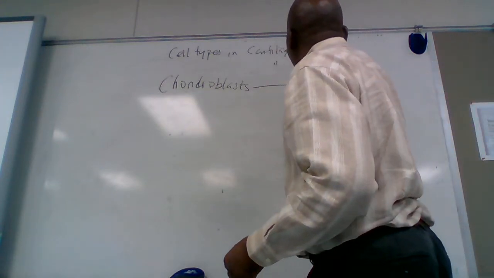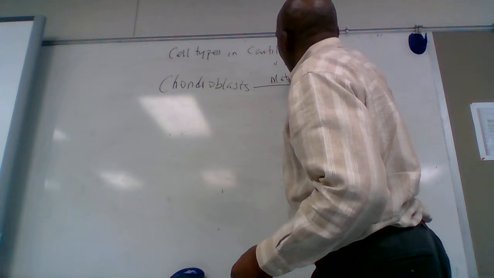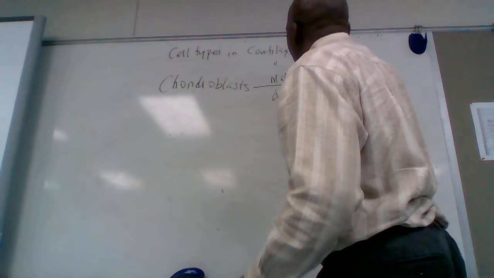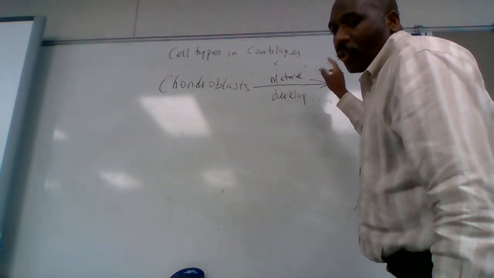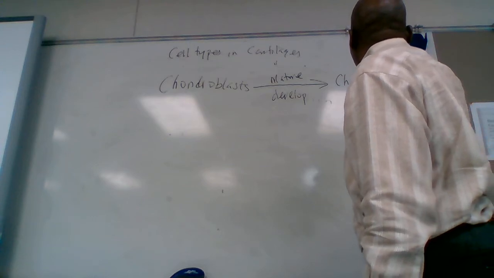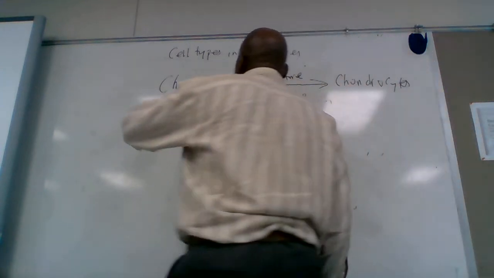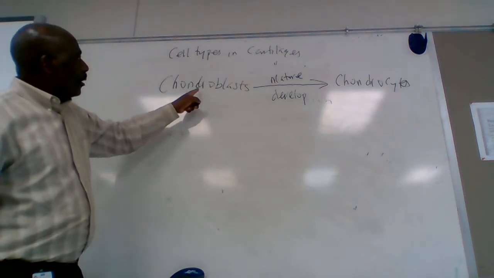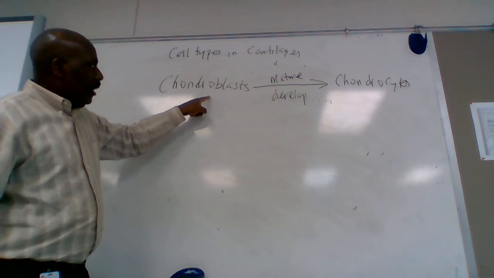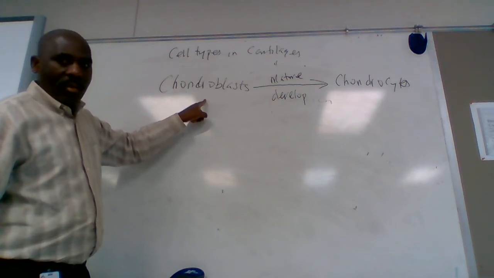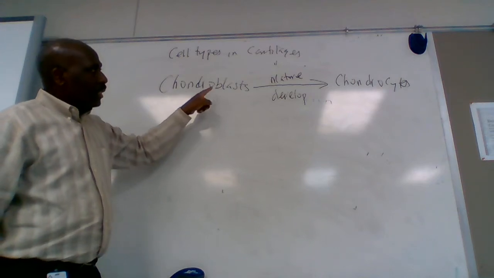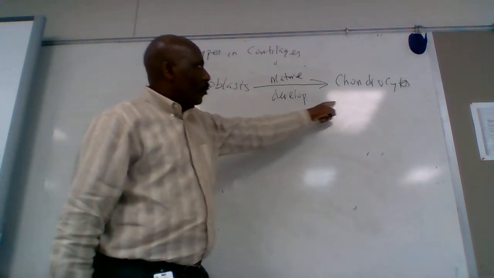These immature cell types will mature or develop into the mature types of cells called chondrocytes. So the chondroblasts are the immature cell types that you find in cartilage tissue. Then they will mature into chondrocytes.